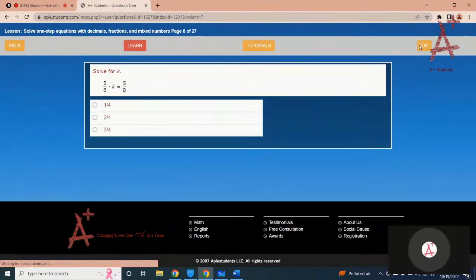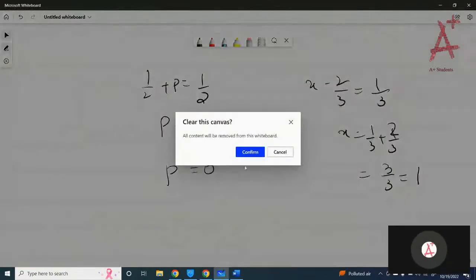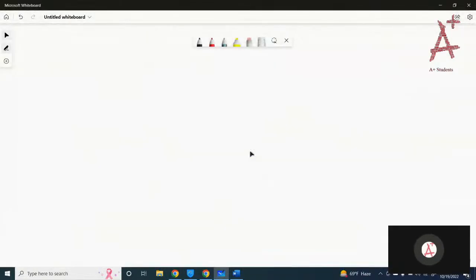So you can complete the test by yourself later today. I'm just moving on to the next topic. The next topic is solve one-step equations word problems. Let me write down the lesson name.